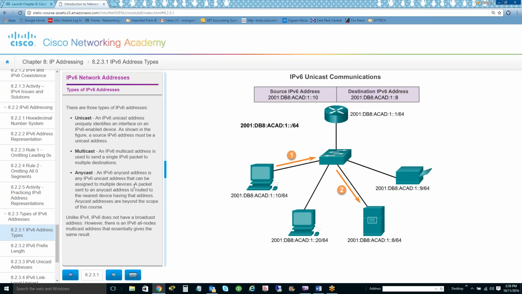Kind of sounds like a broadcast address, doesn't it? A packet sent to an Anycast address is routed to the nearest device having that address. Anycast addresses are beyond the scope of this course, which means we don't need to worry too much about that, do we? So unlike IPv4, IPv6 does not have a broadcast address. However, there is an IPv6 all nodes multicast address that essentially gives the same results.